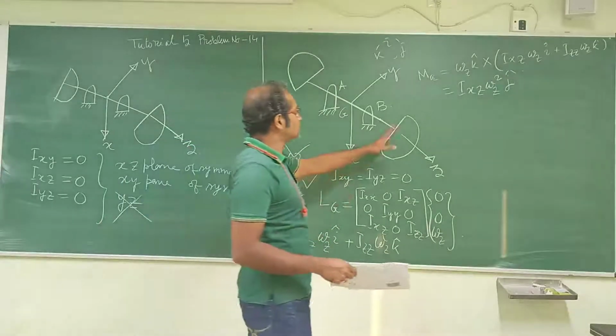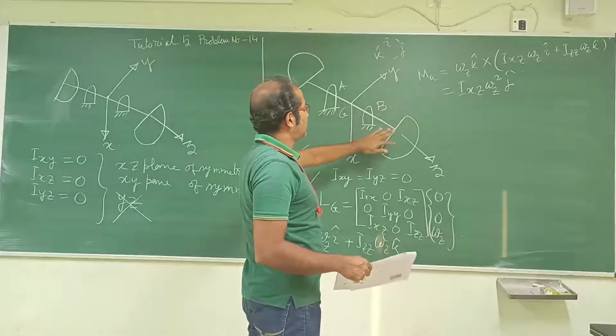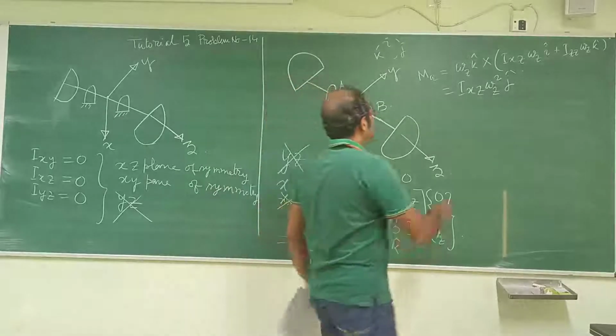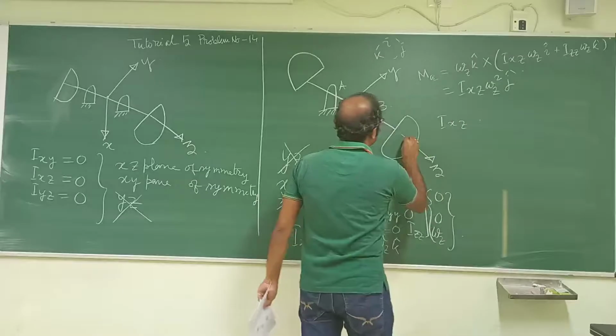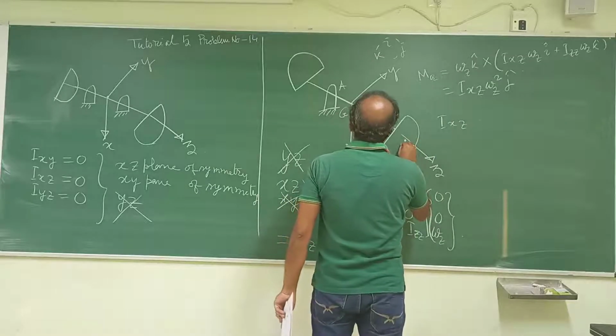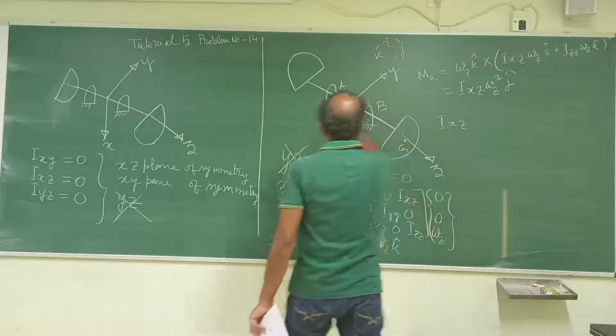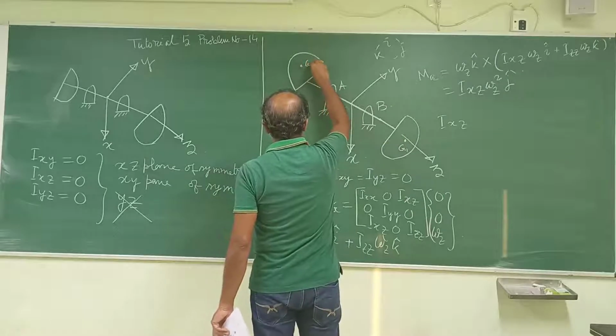Now I have to calculate the Ixz of these two. What is going to be the Ixz of these two masses? Now you come over here, to G1 and G2.